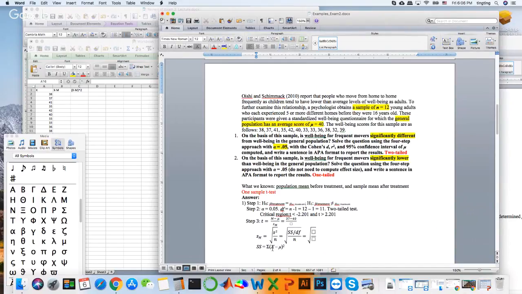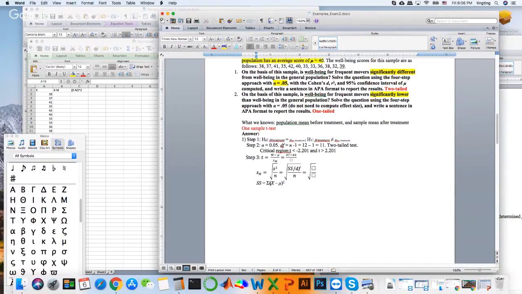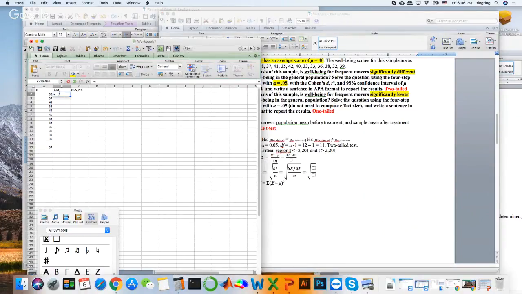That means we need to compute the sigma of x minus mu for every score. You use the 38 minus 37, the 37 minus 37, because the mu equals 37.